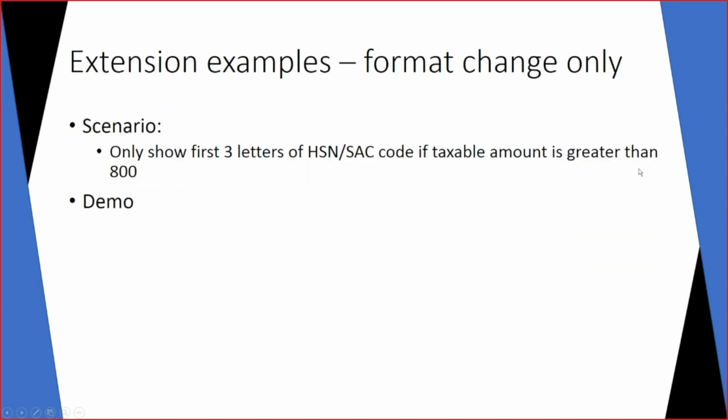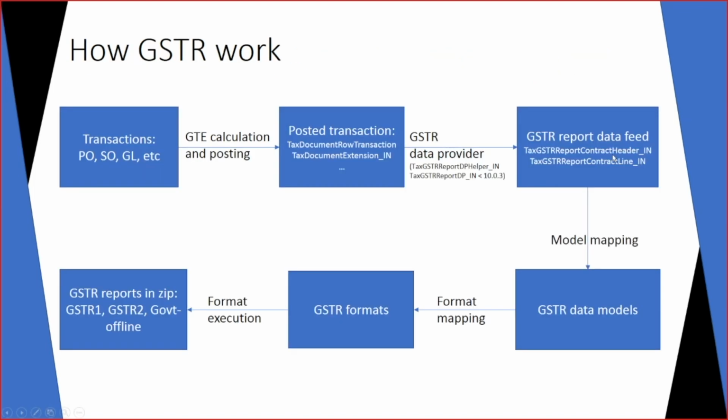Okay. Then let's go to the extension scenarios. So right now I just explained how the data flows between each step, and when you need to do customization, usually you will do customization if a format requirement needs to be changed, you will modify the format directly.